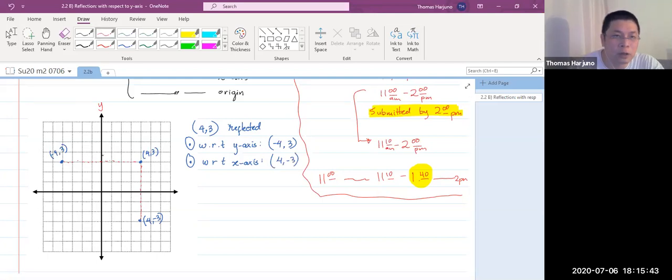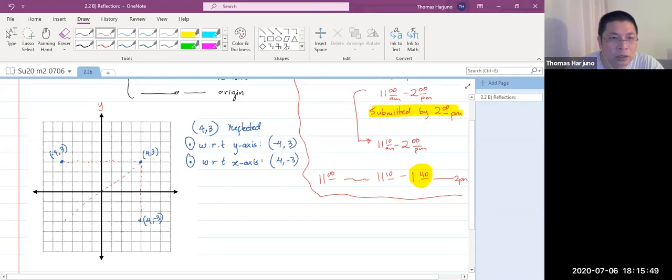Now, when we reflect that with respect to the origin, we will get -4, -3. If we reflect that with respect to the origin, then you will get the opposite of x and the opposite of y.